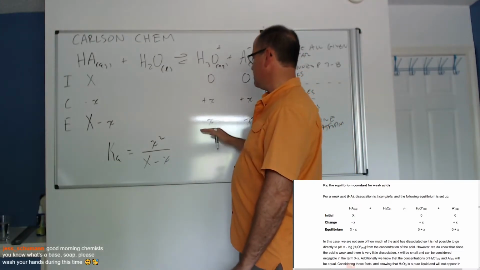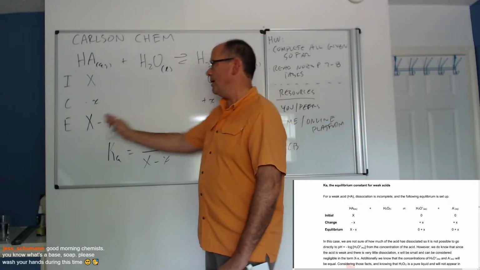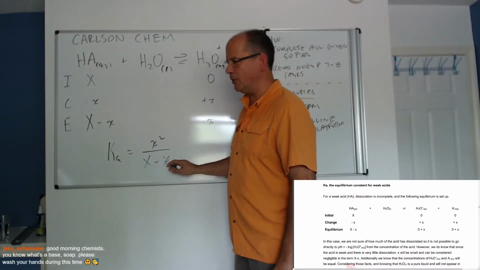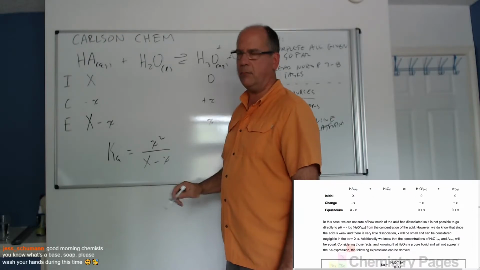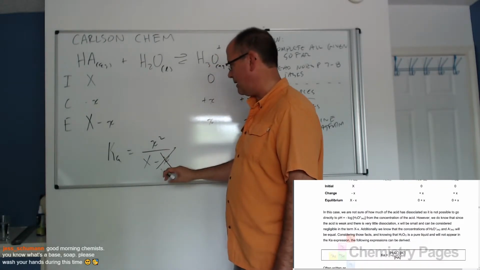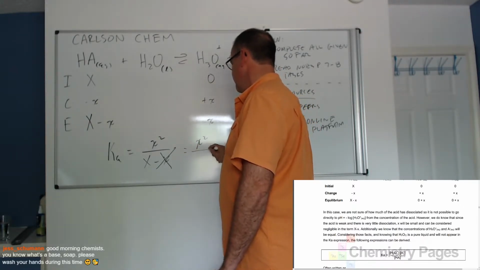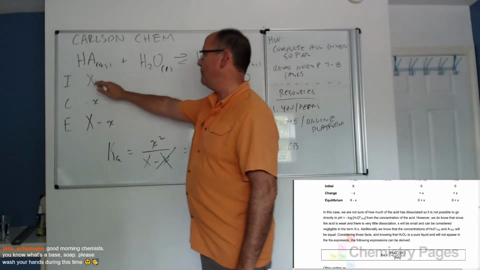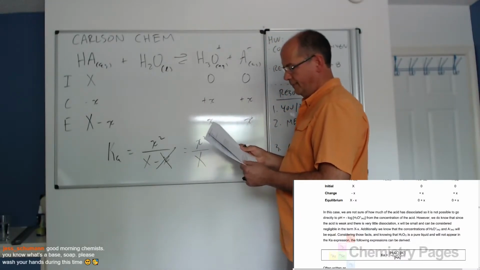If hardly any got dissociated, x is tiny, especially compared to our initial amount. So when we say x is negligible, we can't eliminate this x and say the numerator is 0, but we can eliminate this one and say this one just goes away. We don't care about that one. So Ka and Kb essentially normally become x squared over whatever our original amount was for the stoichiometry.